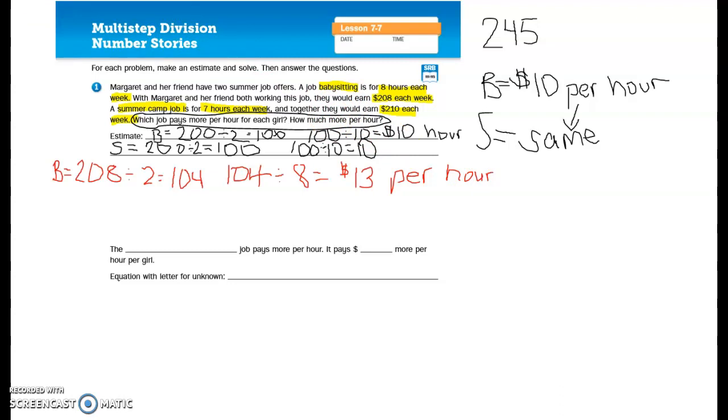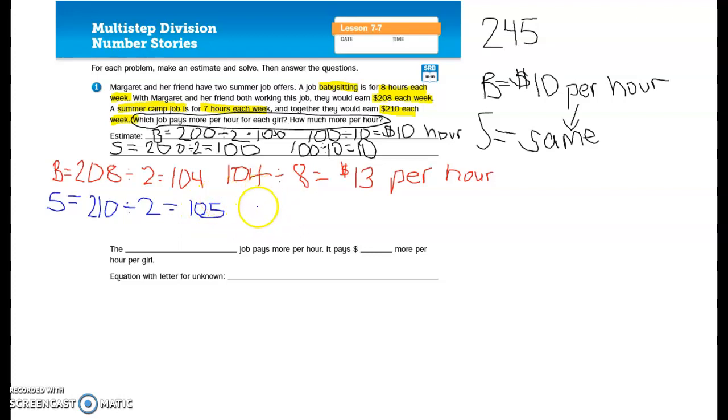All right, so same thing. We're going to do that now with summer camp. And summer camp, they're getting paid $210 combined, so we have to figure out what each of them makes individually. And that's going to get us $105.